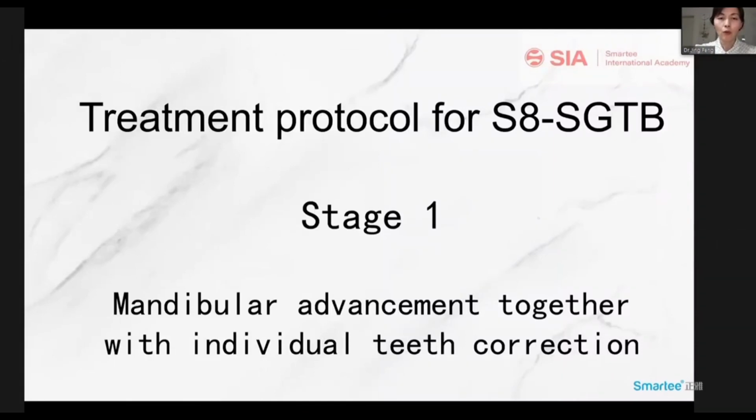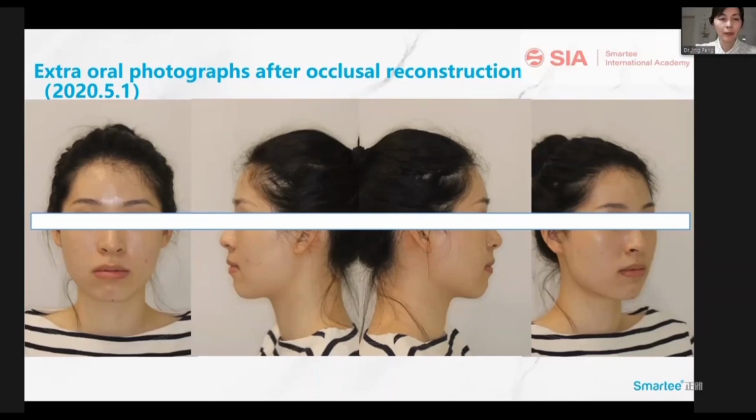Okay, the protocol. Stage 1, mandibular advancement together with individual teeth correction. That's the advantage this clear version of SGTB can provide. This is a picture of the patient with a wax record in her mouth after moving the mandible forward.